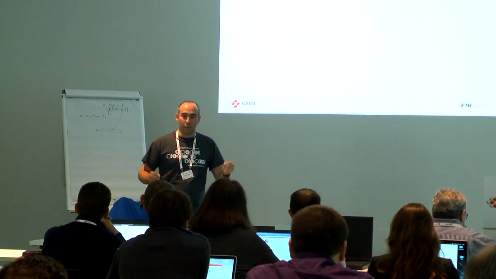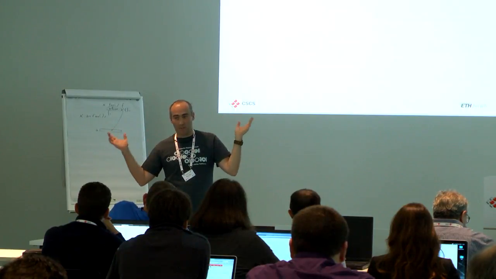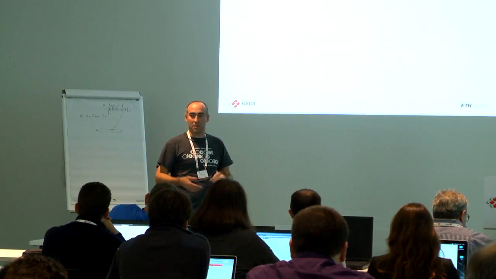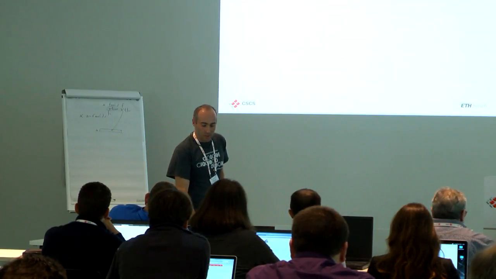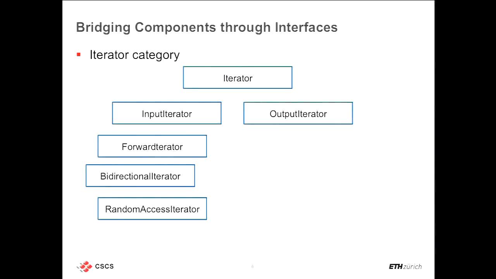If you pass a vector, it will sort the vector. If you pass something weird that does these operations, you'll get some weird results. The concepts are used for bridging components, bridging data structures, bridging algorithms. In the standard template library, you get the iterator concept, which is the bridging concept between data structures and algorithms.